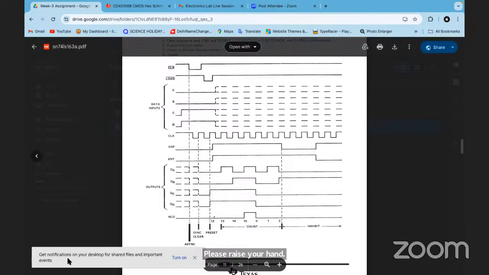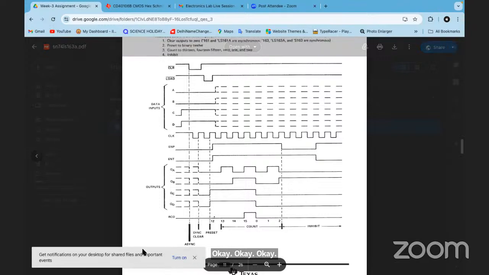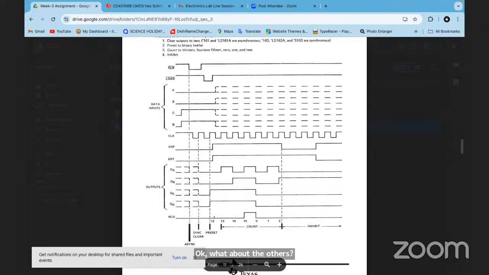Sir, I think I am not able to raise my hand due to some issue. Okay, what about the others? Harsh, Hariharan, Gayatri, Thakur. Were you able to do it or not? That's all I need to know.